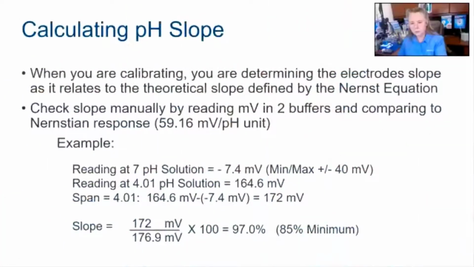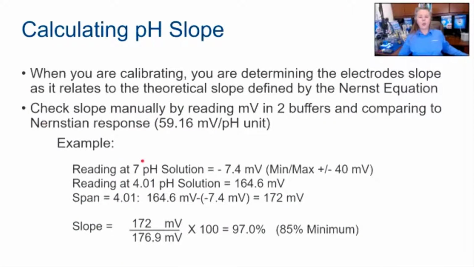Okay, this goes back to something called the Nernst equation. If you think way back to school, it might have been high school chemistry, it might have been undergrad, it might have been graduate school. The Nernst equation is an interesting equation.